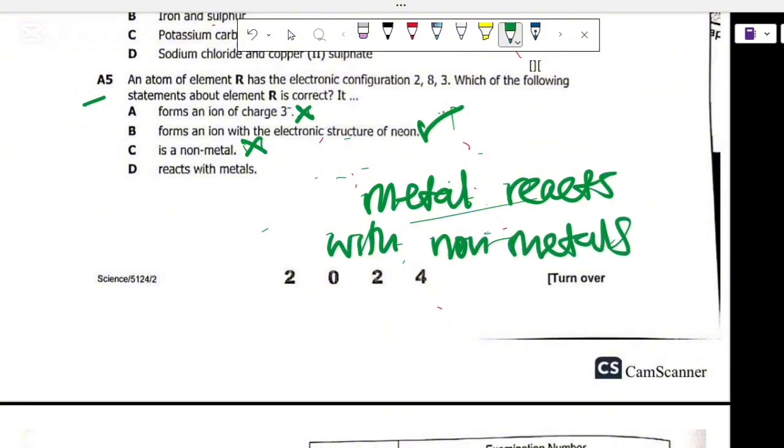And because this R is a metal, it can't possibly react with its fellow metals. It has to react with non-metals. So this also is incorrect. So you can see the reason why answer choice B is the correct one, because all these other options are not actually making sense. They are not fitting the description of the metal that we've been given.